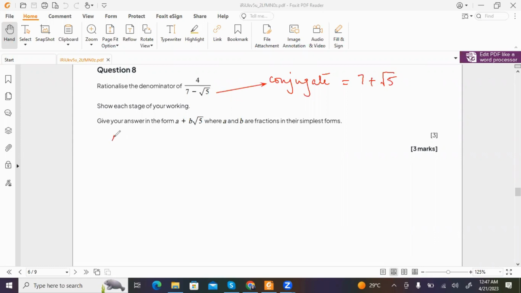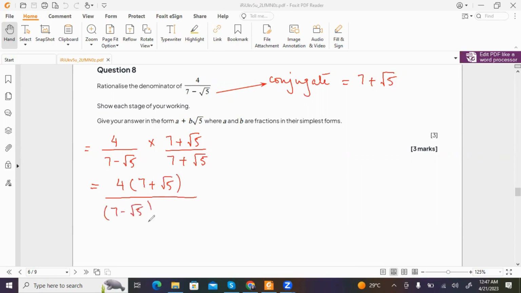So in this case, we multiply the denominator and the numerator by the conjugate of the denominator. That is 7 plus root 5. That's going to be 4 times 7 plus root 5 over 7 minus root 5 times 7 plus root 5.